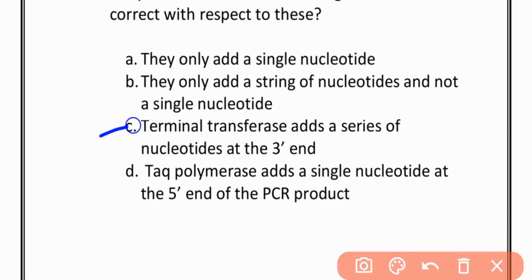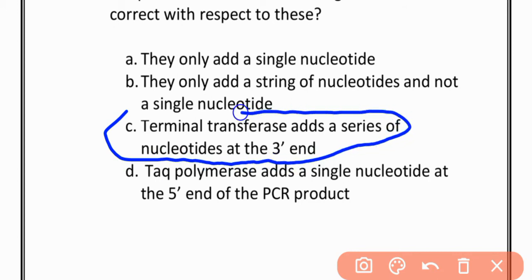Option C is terminal transferase adds a series of nucleotides at the 3 end. 4 is Taq polymerase adds a single nucleotide at the 5 end of PCR product. The correct option is option C. Terminal transferase adds a series of nucleotides at the 3 end.